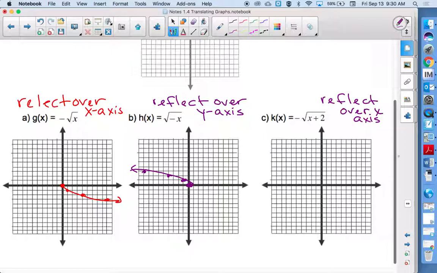Even though there's a plus underneath there, it actually moves left. So anytime you see a plus, every standard equation has a minus with x. So that plus is really saying x minus negative 2. So that negative 2 is moving the graph to the left. So it moves to the left 2. And then it reflects over the x-axis, so then it's going downward.